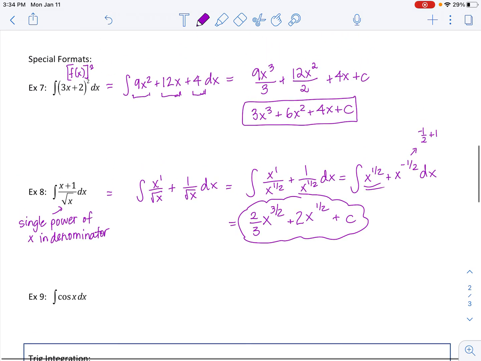Ooh, the next one is the integral of cosine. So again, what function is it that you differentiate and get cosine? That's the sine function. So this one is sine of x plus c. That's it. We can apply those same old trig derivatives in reverse.